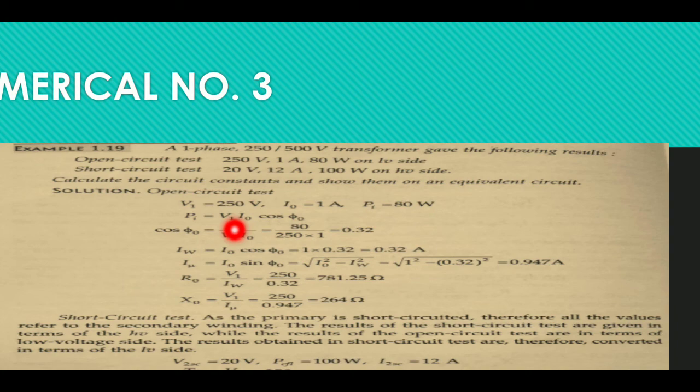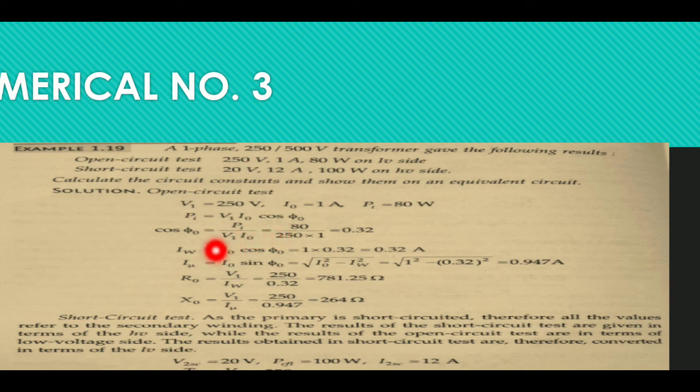So from the open circuit test, the results are V1 equals 250 volt, I0 equals 1 ampere, and Pi, that is the iron loss, equals 80 watt. So we know that the power loss equals V1 into I0 cos phi 0. V1 is the rated supply voltage, I0 is the no load current, and cos phi 0 is the no load power factor.